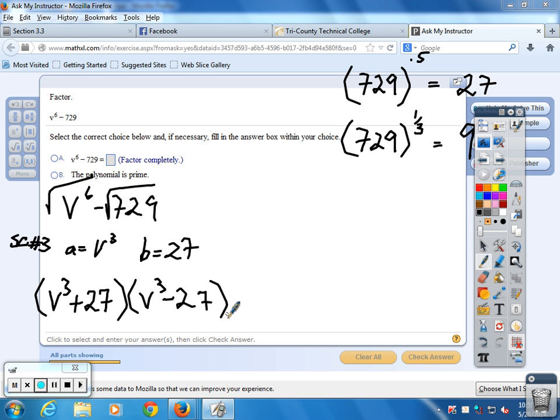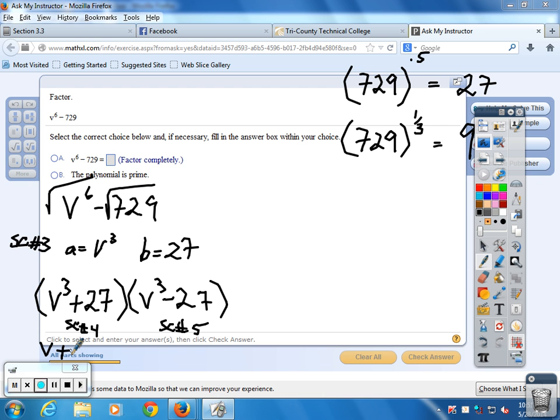And what are these two guys? This is shortcut number 4, and this is shortcut number 5. So that's going to be v plus, what's the cube root of 27?